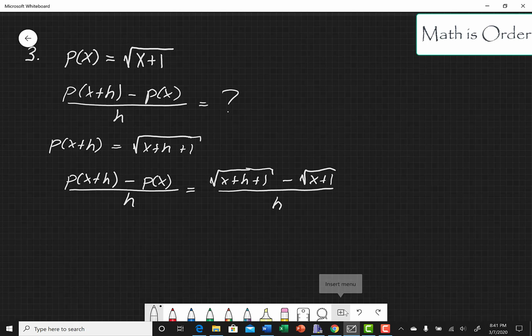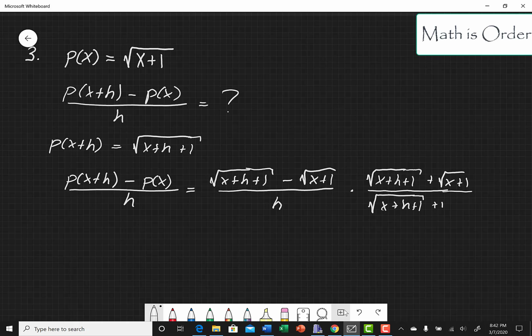To rationalize the numerator, we're just going to multiply top and bottom by the conjugate of the numerator. And the conjugate of the numerator is square root of x plus h plus 1 plus square root of x plus 1.